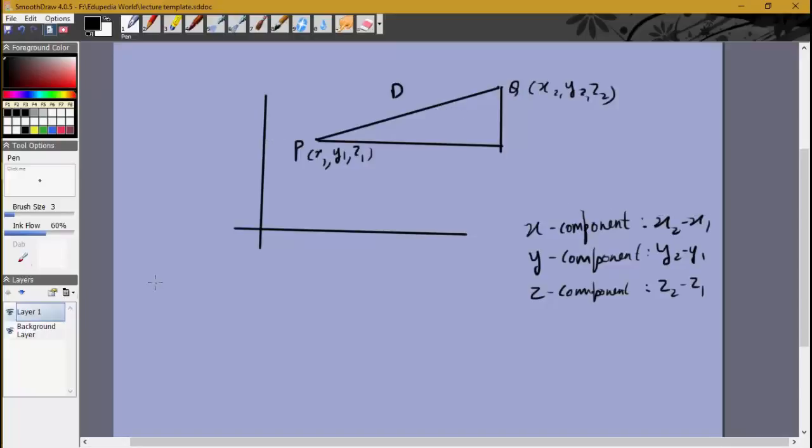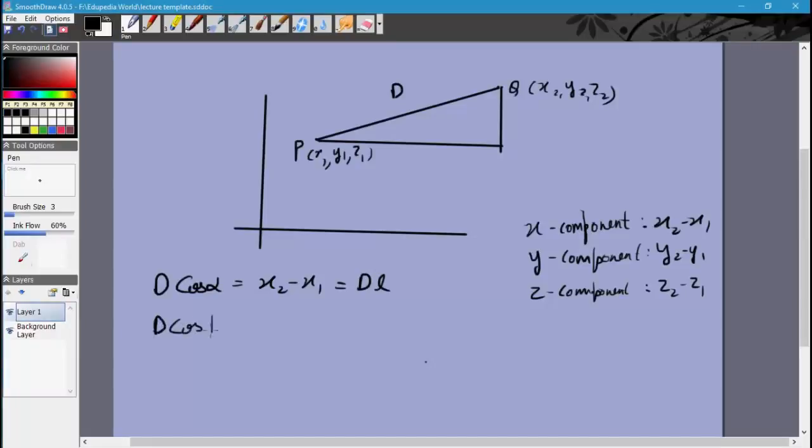That is given to us to be x2 minus x1, which means d cos alpha is equal to x2 minus x1, which can also be written as d into l, where l is the direction cosine in the x direction. Similarly, d cos beta is equal to y2 minus y1 is equal to dm, and similarly d cos gamma is equal to z2 minus z1, which is equal to dn.